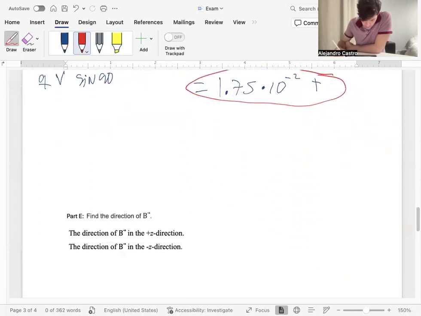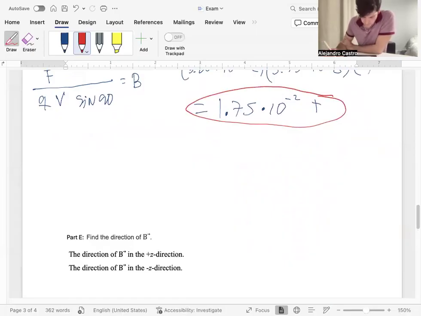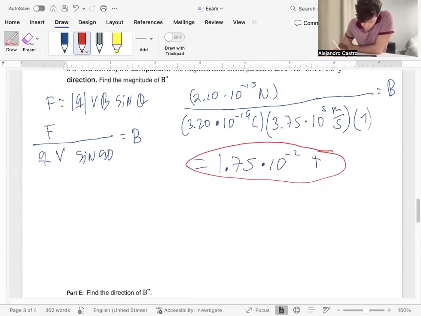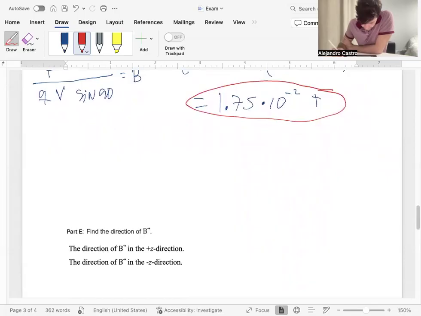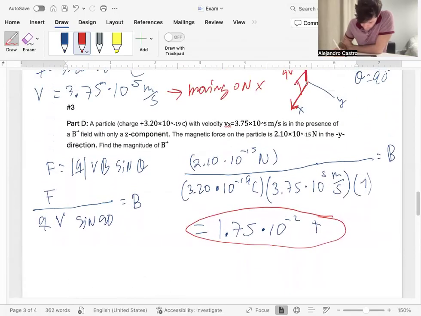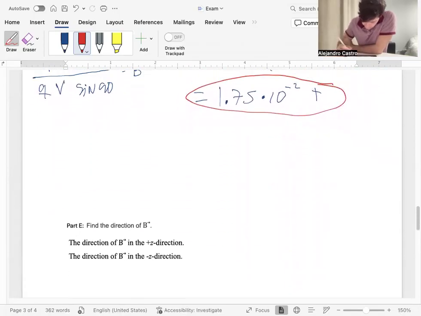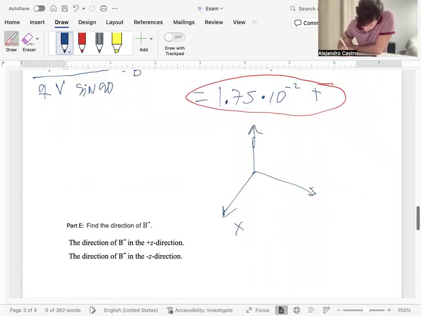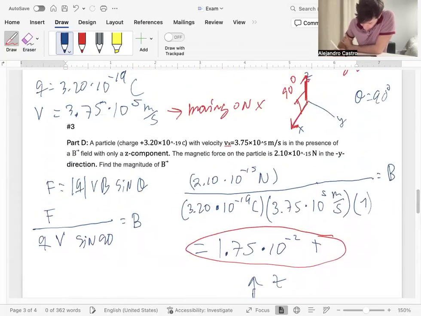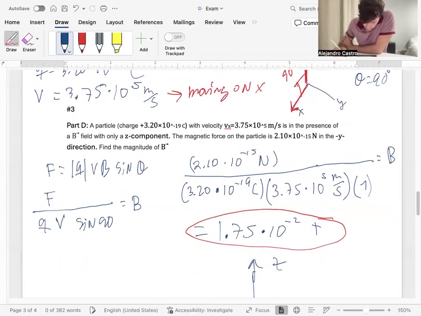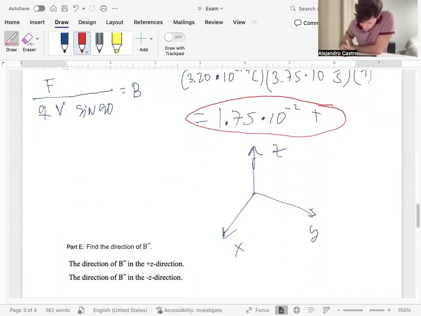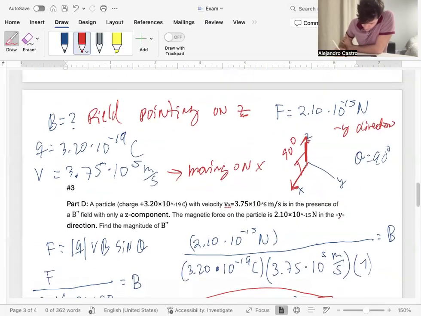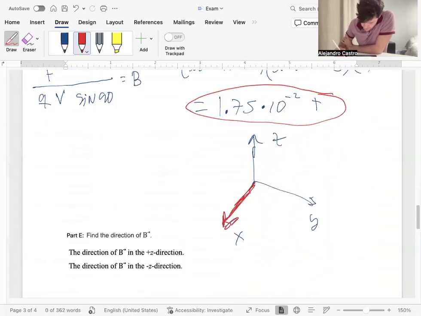Okay, part E. Find the direction of V. We know it's moving on C, and the field is pointing.